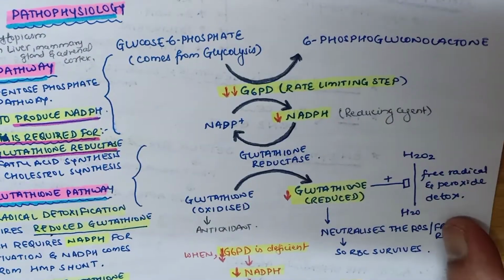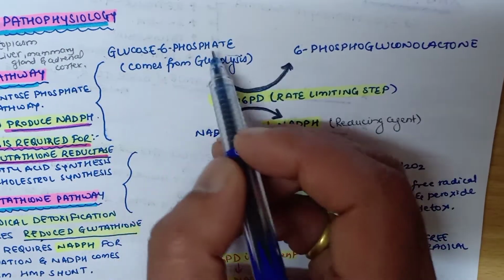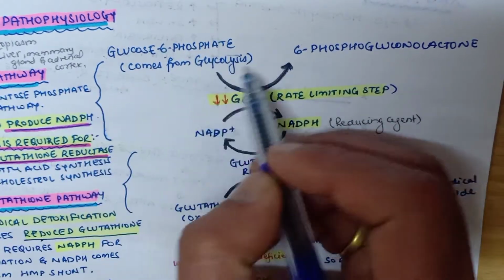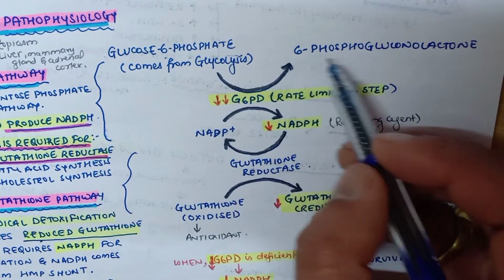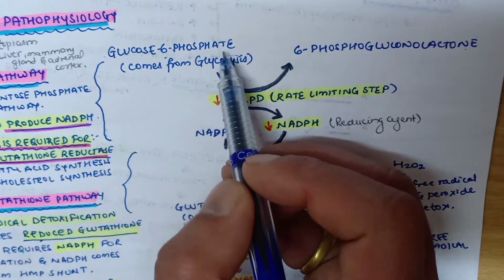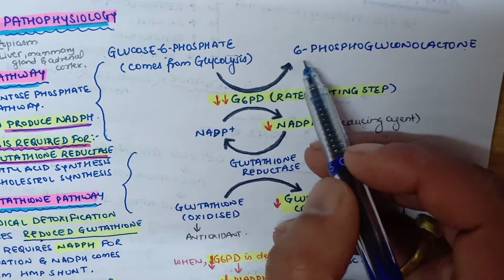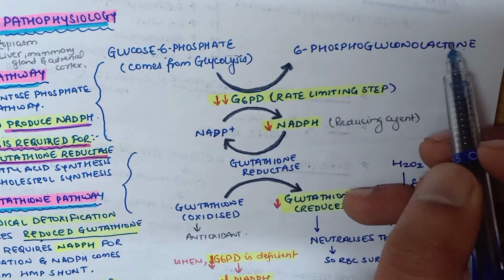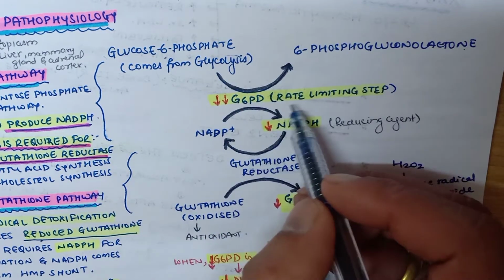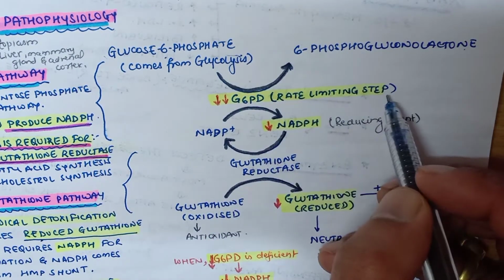Now we'll come to the reactions. This glucose-6-phosphate comes from glycolysis, and it is converted into 6-phosphogluconolactone in the presence of G6PD enzyme. So this is the rate limiting enzyme.